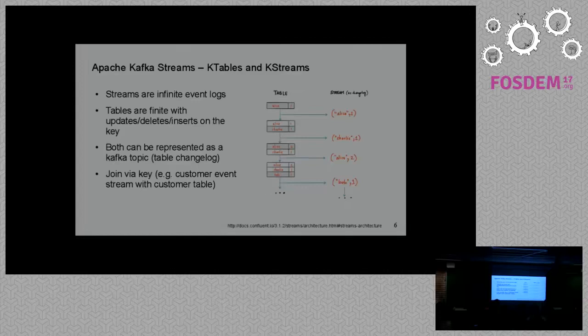So we have that here. We have a table, and each action that modifies its content is a changelog entry in a stream. This allows you to have, for example, static lookup tables that you join with incoming data streams. One classic example is that you have customer events coming in and you want to look up customer information and enrich that.